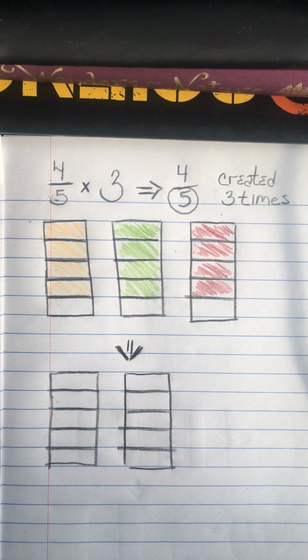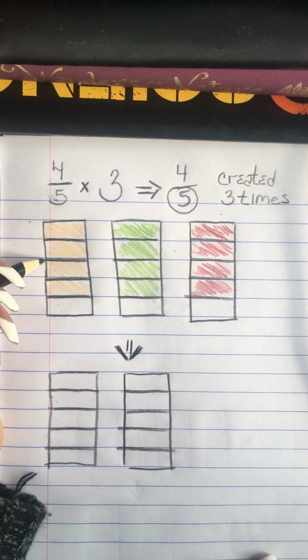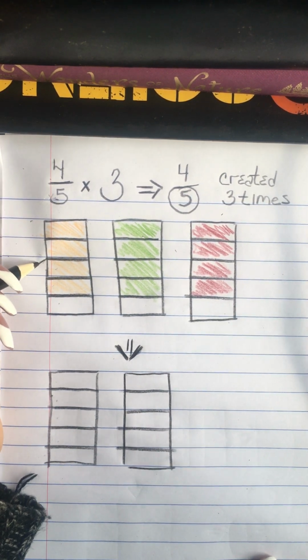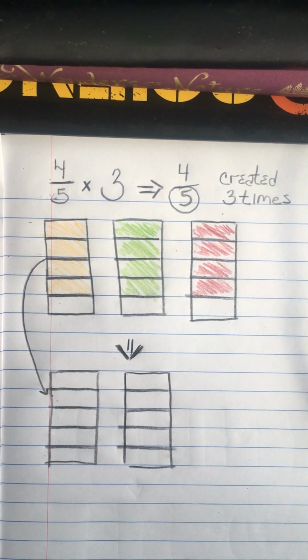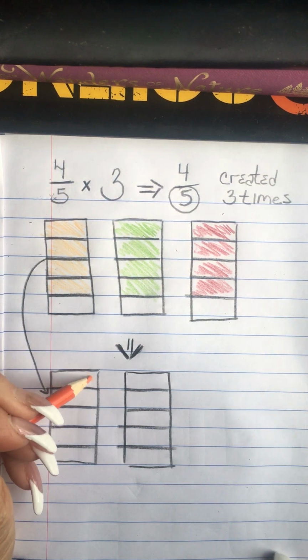So I'm going to bring down my oranges. So I'm going to color in 4 here.